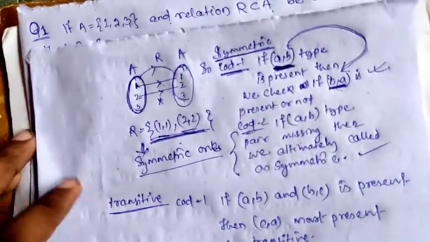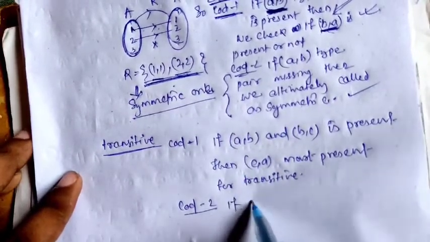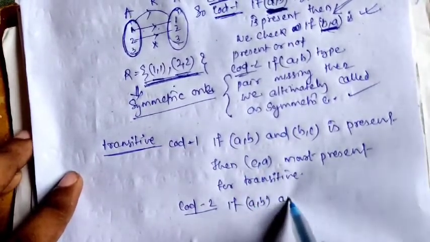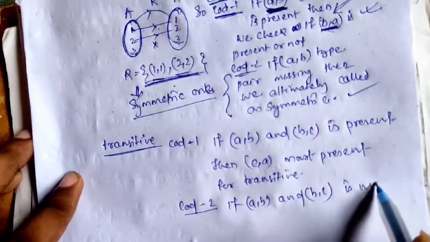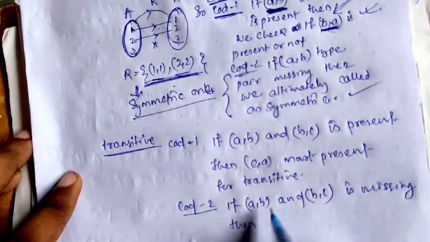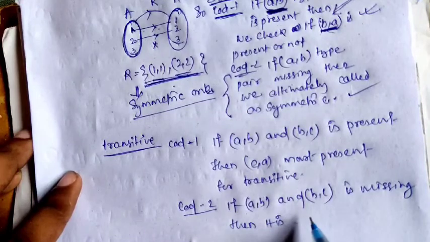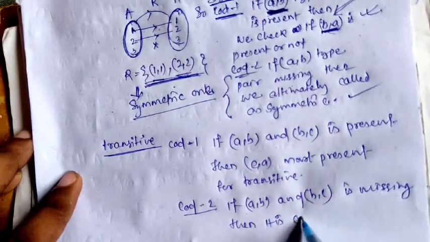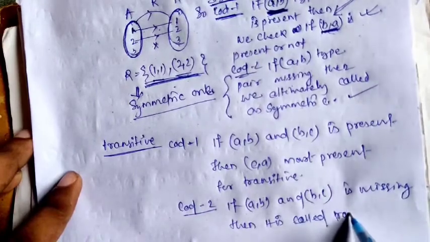Condition 2 says if AB and BC are missing, then it is called transitive.